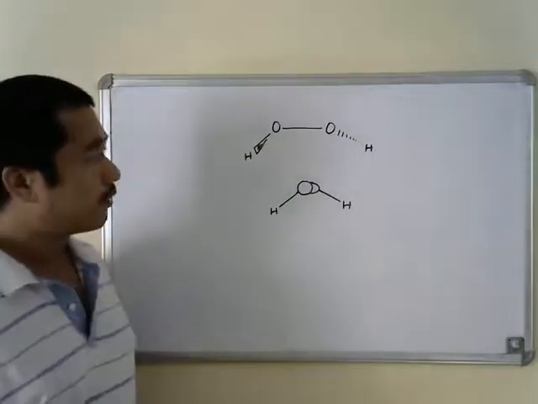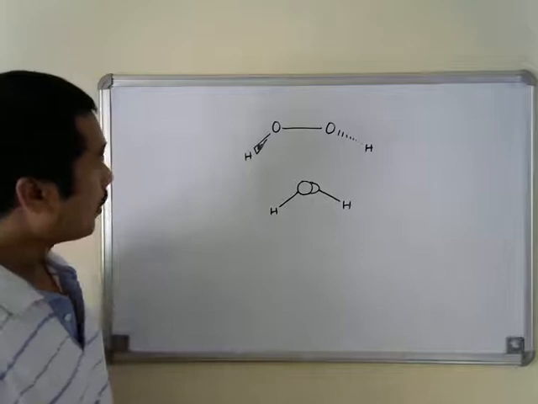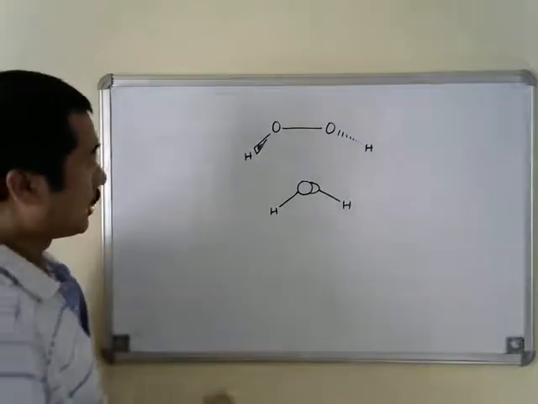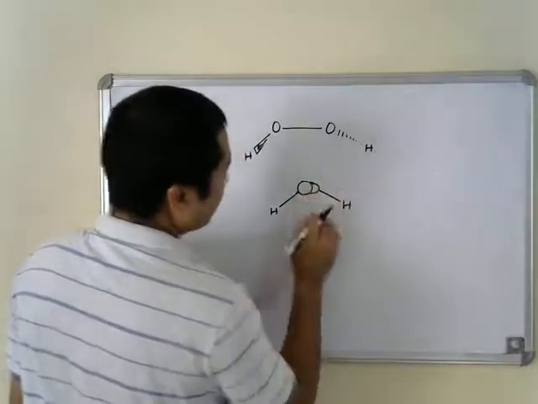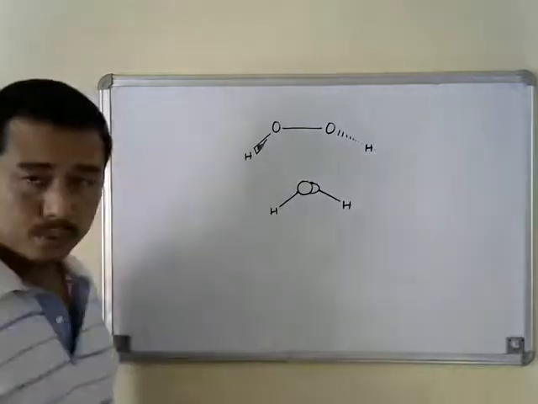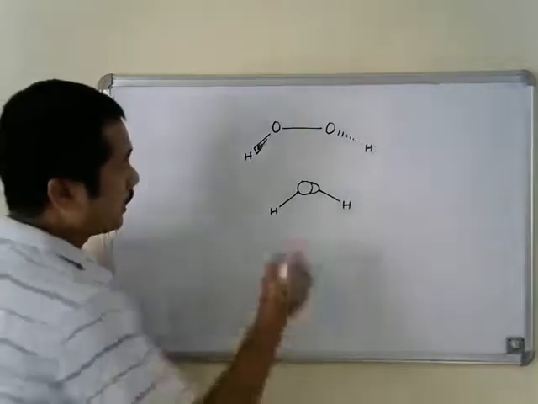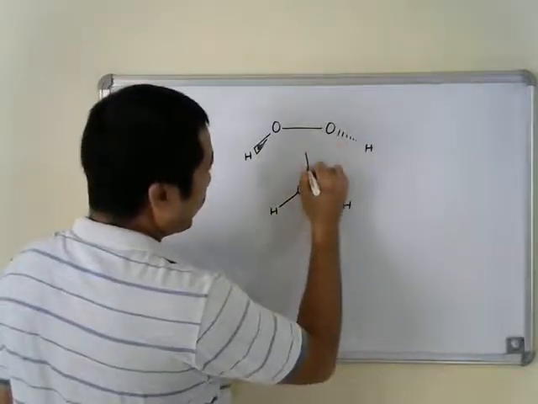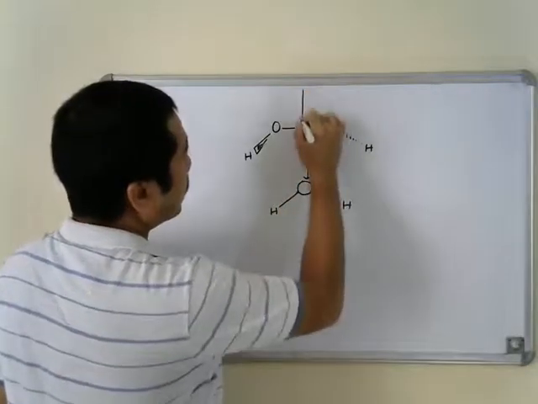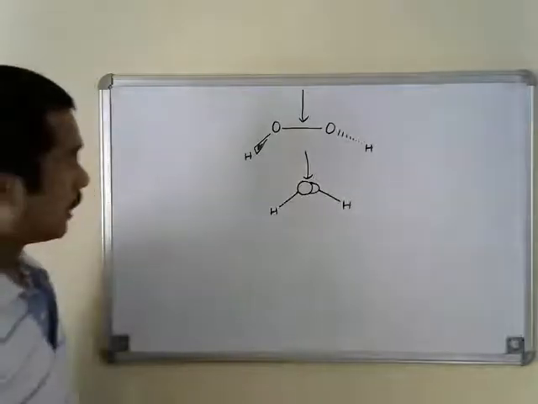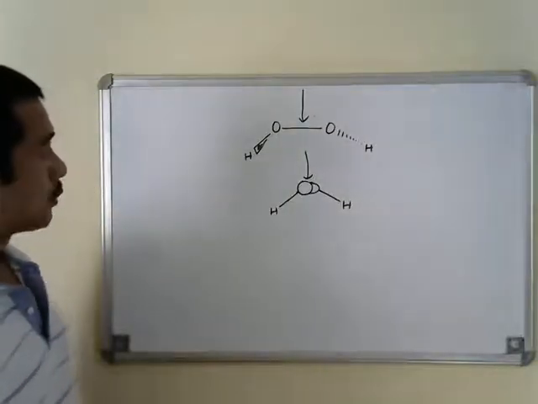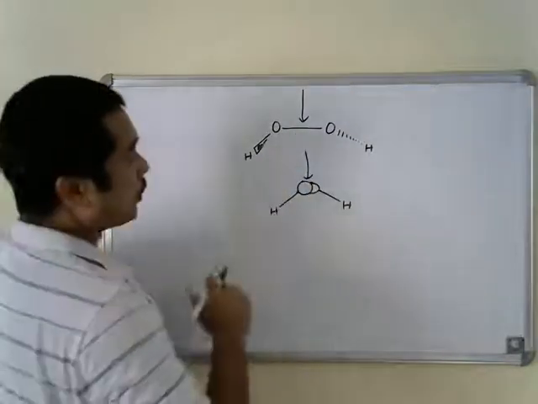So that is what will be visible to us, and now we can recognize that the hydrogen peroxide molecule looks more or less like the water molecule only, and there is only one C2 axis of symmetry which bisects the O-O bond and passes through the hydrogen peroxide molecule in this way.